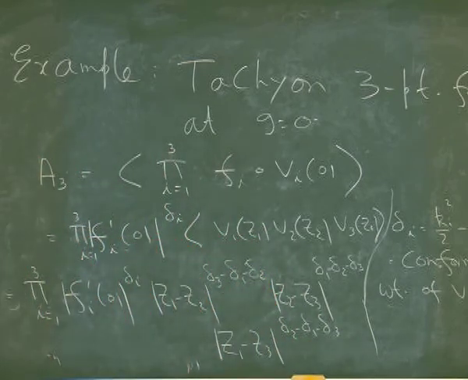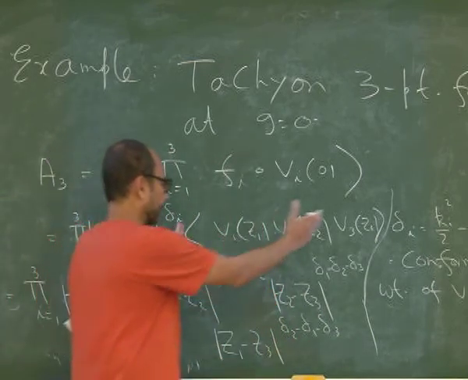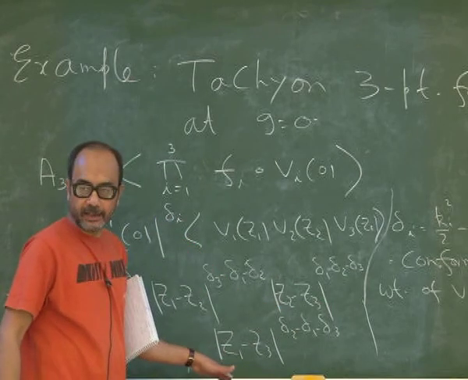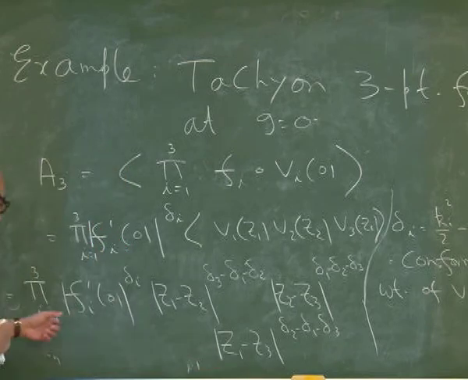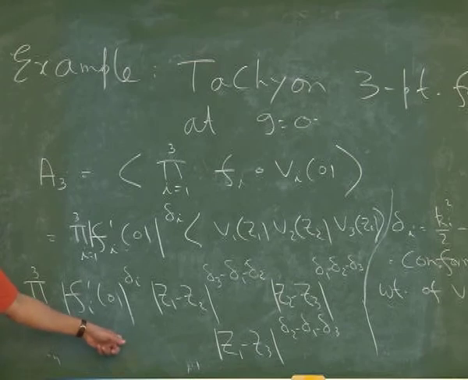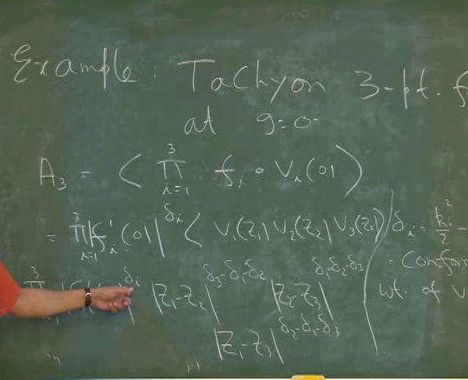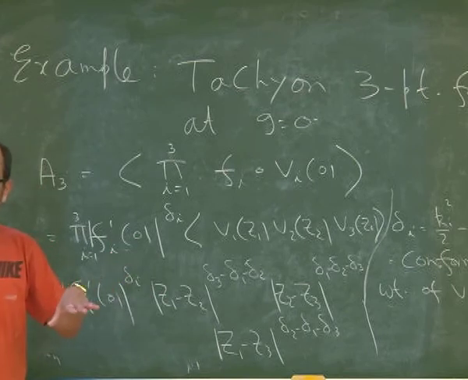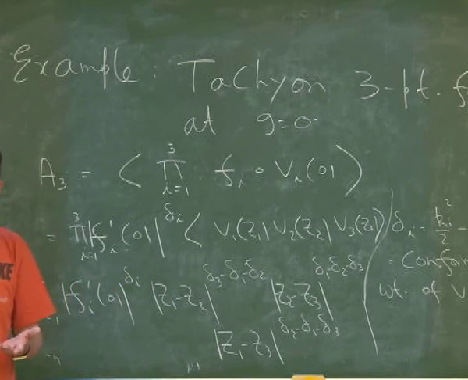Just to summarize, this is the factor that we had earlier. This is what we found depends on the choice of the Z coordinate system. That was a problem. Now we just have this additional factor, mod F_i prime 0 to the power Δ_i. What we are going to show is that this quantity is invariant under the SL(2,C) transformation on the Z coordinate system.